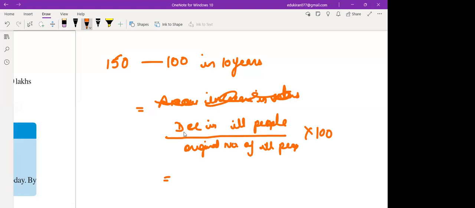You can write the change in illiterate people: 150 minus 100 is 50. Your 50, divided by the original number of illiterate people, which was 150. Earlier it was 150, then it got decreased to 100, right? So over here, into 100, then multiply by 100.